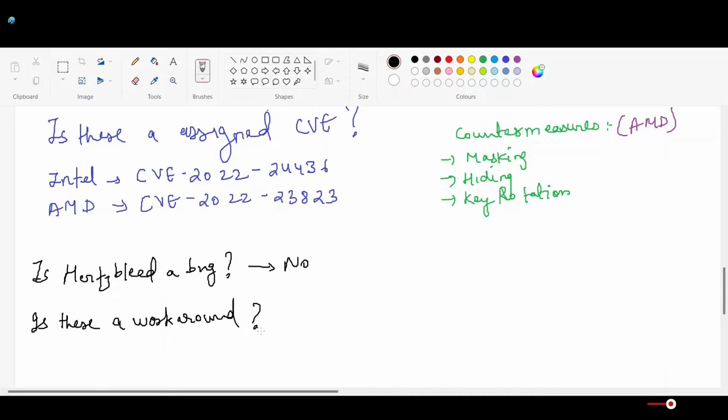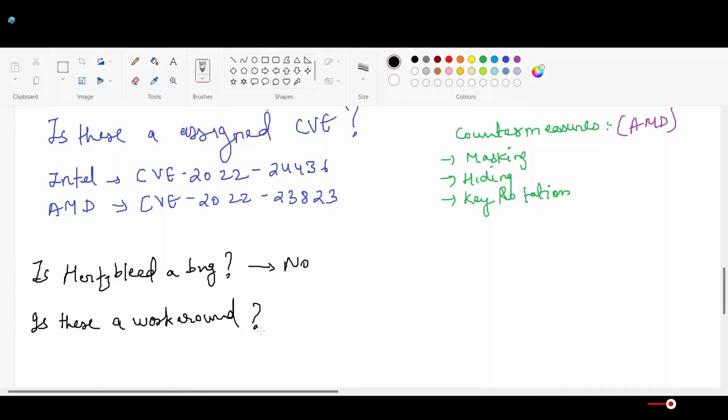Now, in Intel we have a feature called Turbo Boost, and AMD calls it Turbo Core or Precision Boost. If we disable frequency boost through the BIOS or at runtime via the frequency scaling driver, we can work around this Hertzbleed.